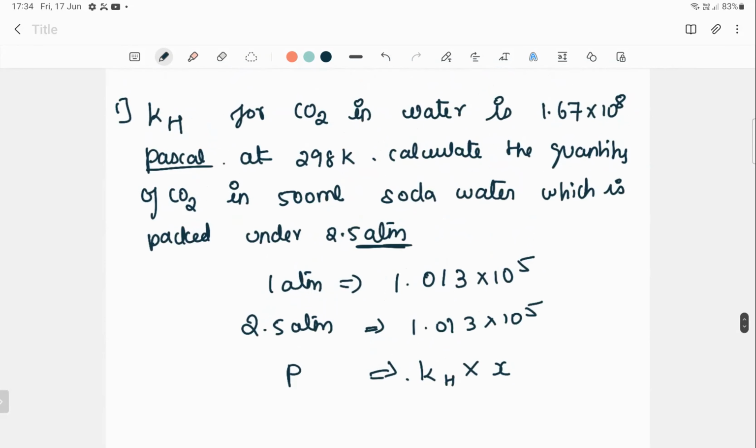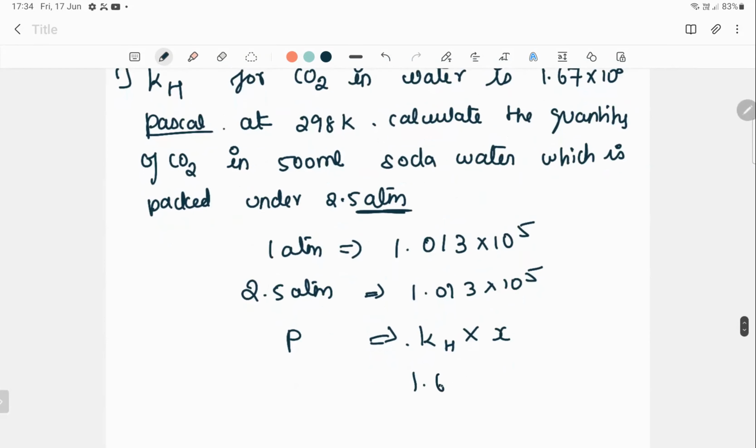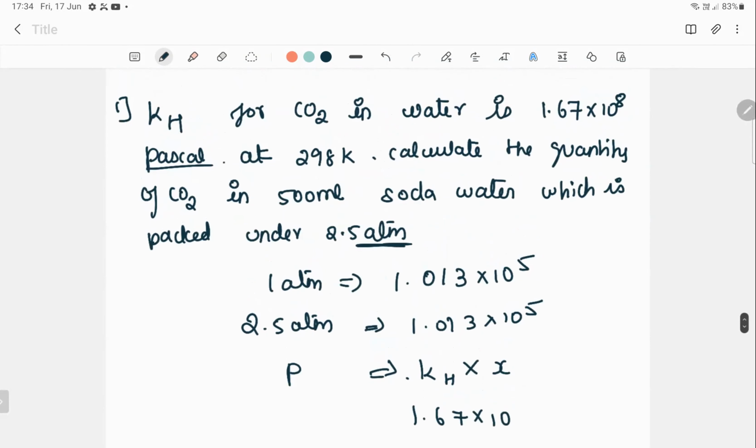What is the Henry law constant? Henry law constant is 1.67 into 10 to the power 8, 2.5 atmosphere. Okay.